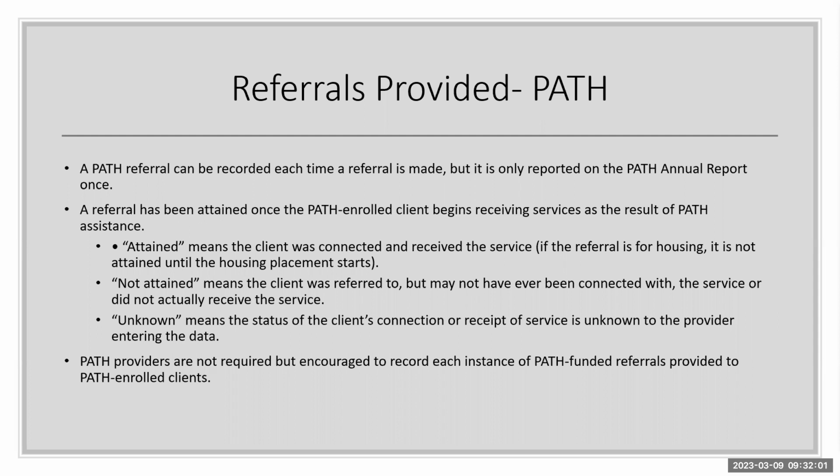So you track the referrals in the system as being attained, so the referral was completed and the client is receiving those services. Not attained, which means the client was referred, but no referral had been connected, and they didn't actually start receiving that service. Or unknown, which means that maybe the client disappeared and you don't know what the end result of that referral was.